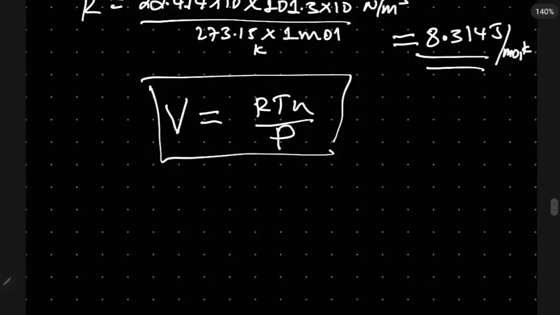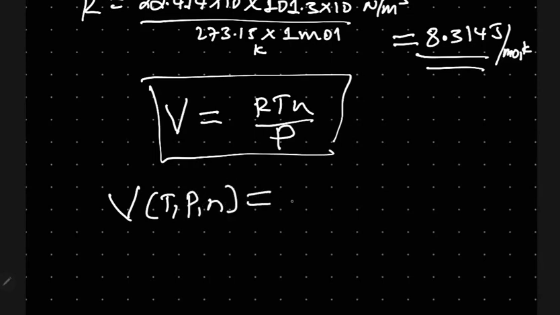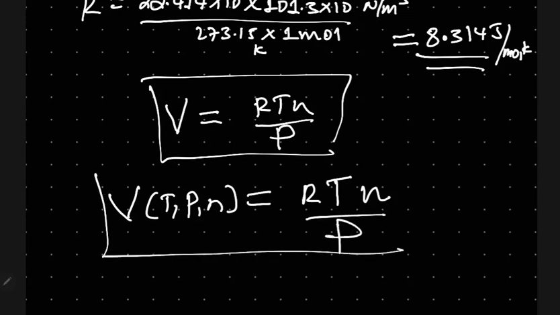As we have already mentioned above, the volume of a gas as a function of temperature in Kelvin, pressure, and the number of moles is given by R, the universal gas constant, times temperature in Kelvin times number of moles divided by the pressure. This is the universal gas equation, the ideal gas equation.